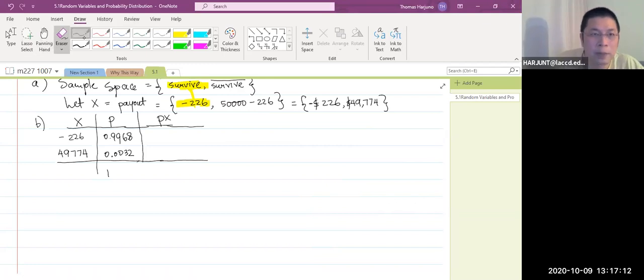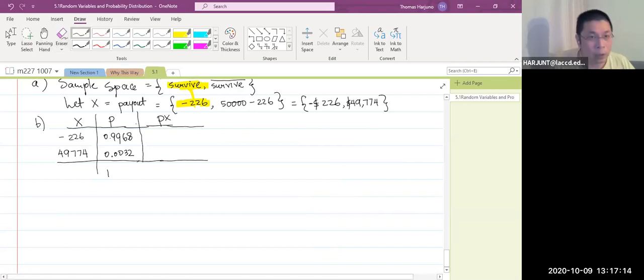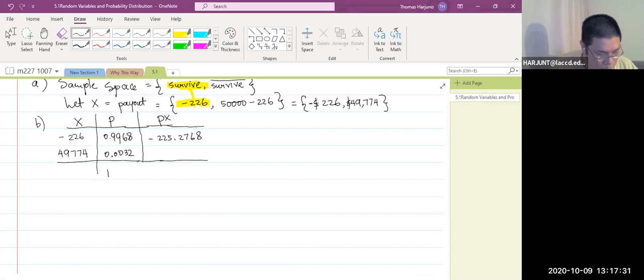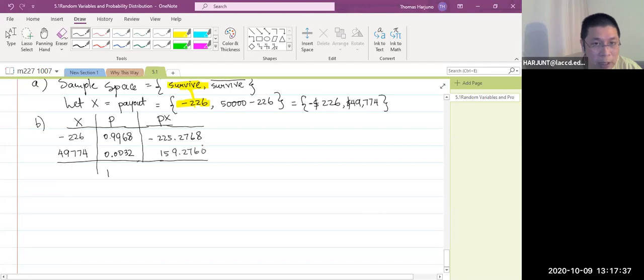So we do expect this to be negative. Let me use my calculator. 226 times 0.9968 is negative $225.2768, while 49774 times 0.0032 is positive $159.2768.